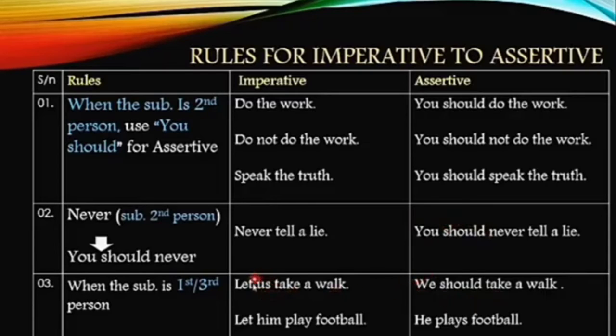Why? Because the first person is talking about us, first person plural number. Let him play football. The speaker is talking about a third person, him, third person singular. So that person will be mentioned in the assertive sentence. Let him play football. He plays football. Or we can also use, he should be allowed to play football.